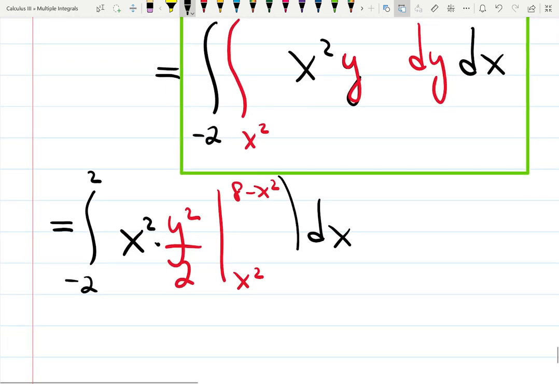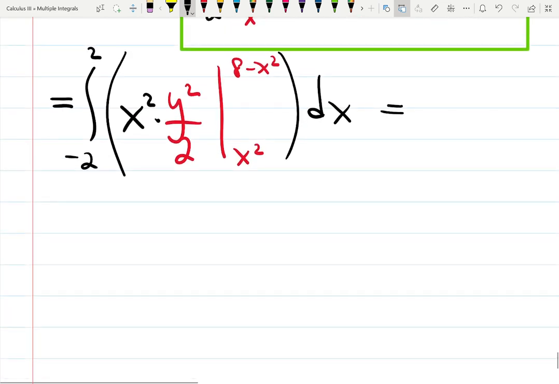You can keep putting parentheses if it makes it visually better for your brain. Plug the top minus the bottom, -2 and 2. And now you need to understand where to plug, into x squared or into y squared. That's why maybe write down y equals.